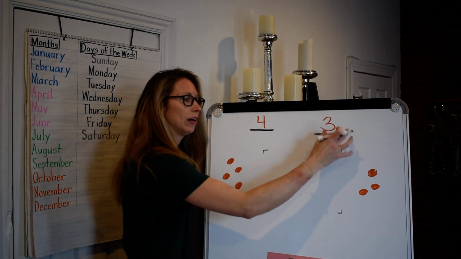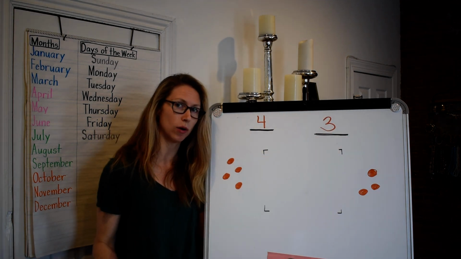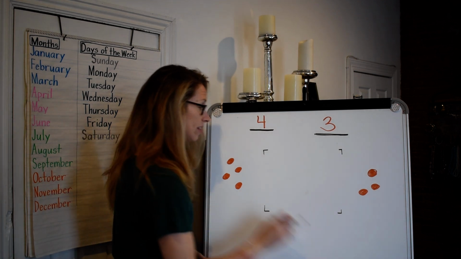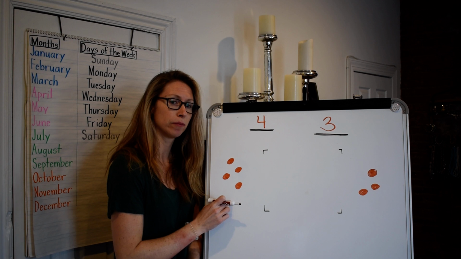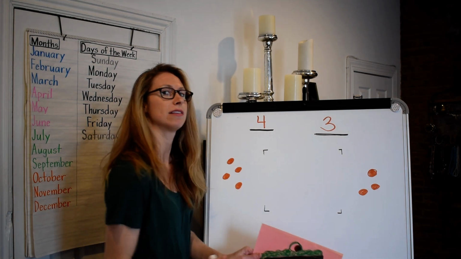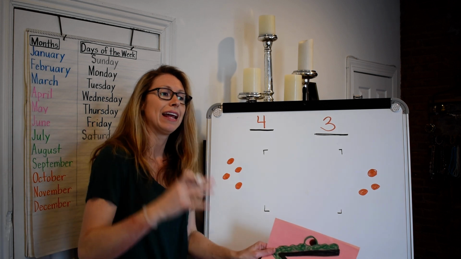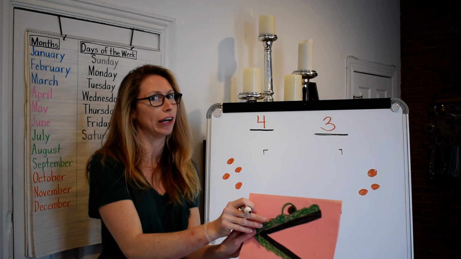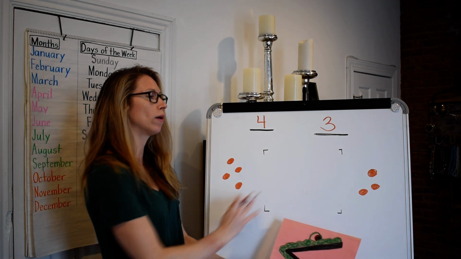Which side is Al going to want to eat? Will he want to eat the side with 4 beans or the side with 3 beans? Which one will give Al a fuller stomach? Because remember, Al's always hungry. He always wants to eat the bigger one. Which one would he eat?